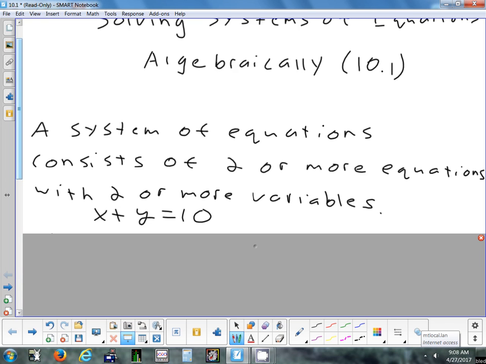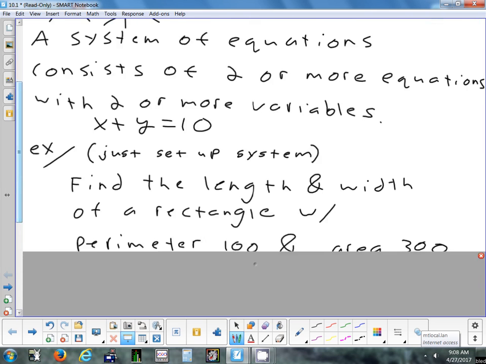Because lines only have 2 variables. And if I asked you to sketch 3 of them, they would all have to cross exactly like this to have a solution. But most of the time, if you just draw 3 random lines, they don't all cross in the same spot. Any 2 of them would have a solution. But when you add that 3rd line in, that would mess it up. Okay, so that's why we're usually going to keep the number of variables and number of equations the same.